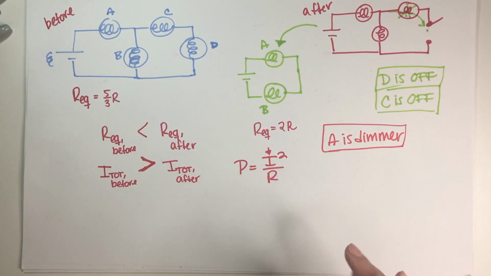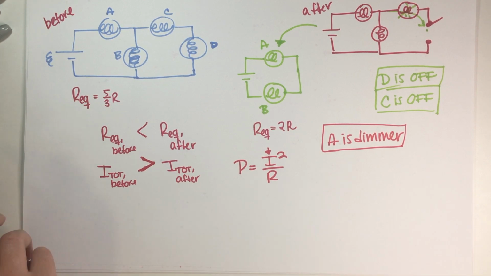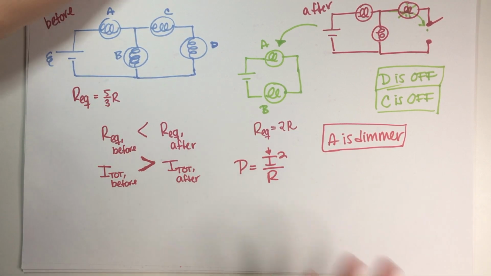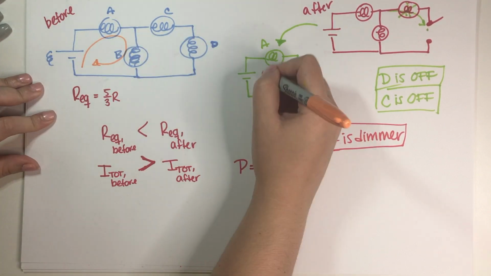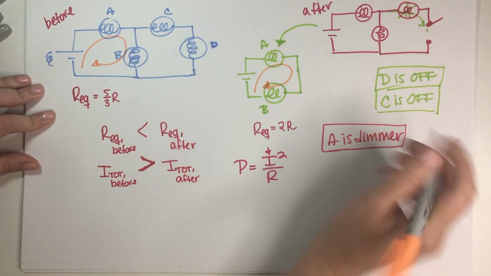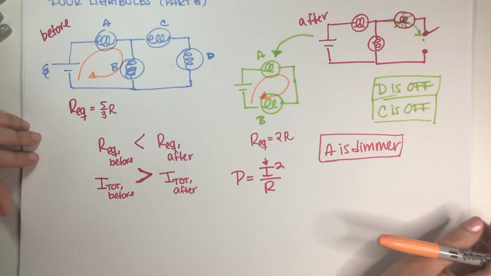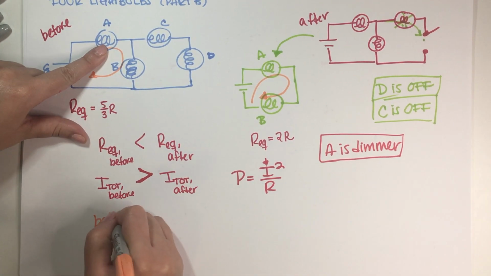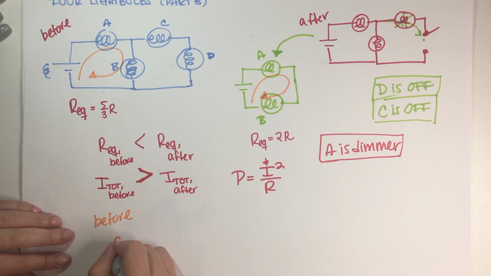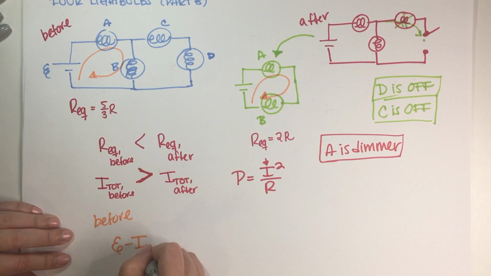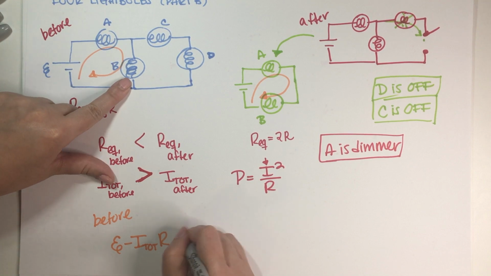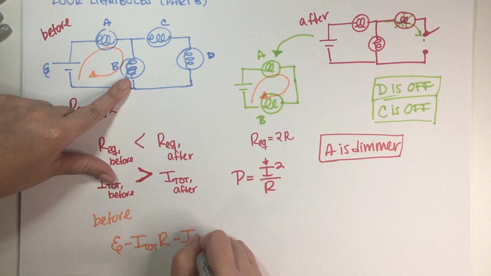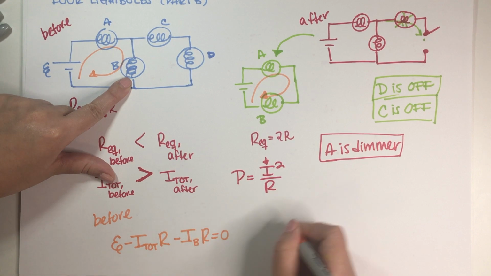So for light bulb B, I'm going to use the same procedure that I did before. So I'm just going to loop around 2 times. And this is definitely going to be the fastest way to figure this out. So my loop before is battery minus I total times R minus the current crossing through B times R is equal to 0.